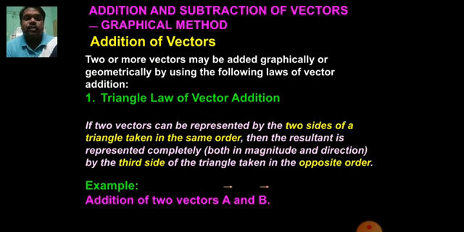For example, addition of two vectors, vector A and vector B. This is vector A, so have a look at the head and tail of vector A. See, this is another vector B. Now how do you have to add vector A and vector B? As per triangle law of addition of vector, the tail of vector B must be joined to the head of vector A. Then only we can say that they are taken in the same order.